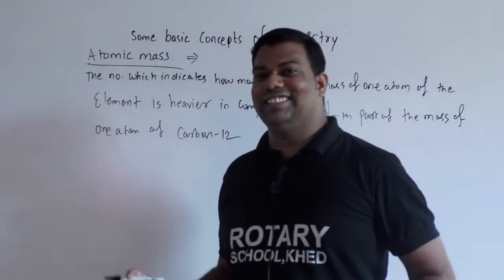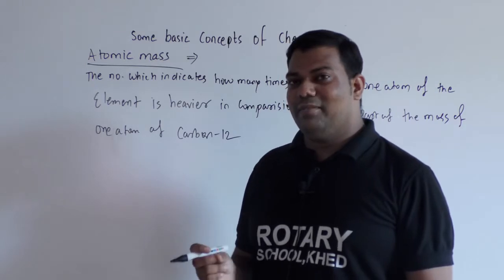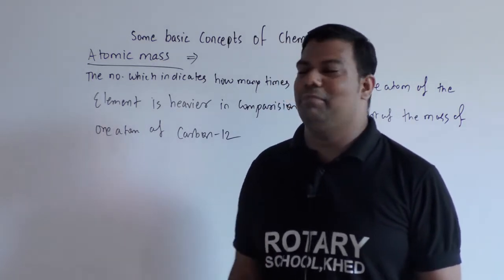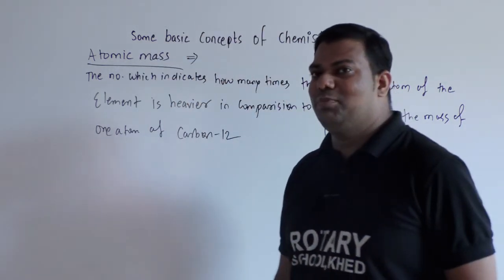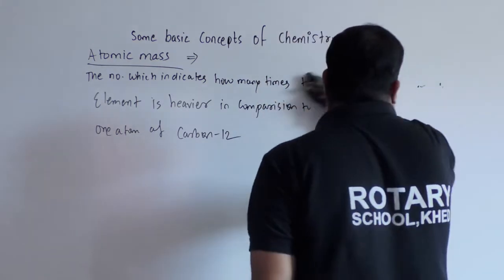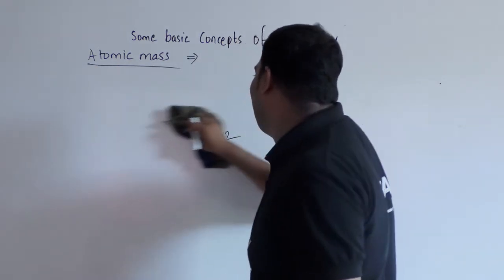It is very much easy, and from zero I will tell you what is a mole and what is a mole concept. But your attention must be here. I hope you wrote this definition clearly, no doubt in that.